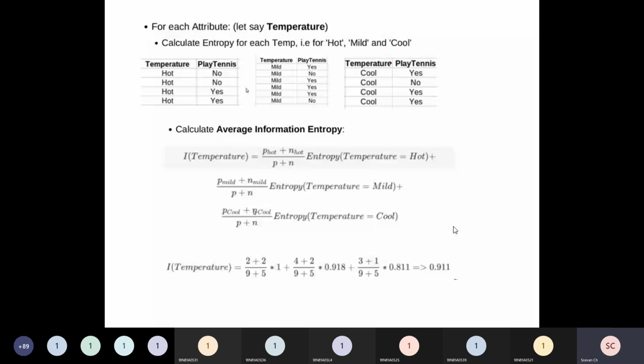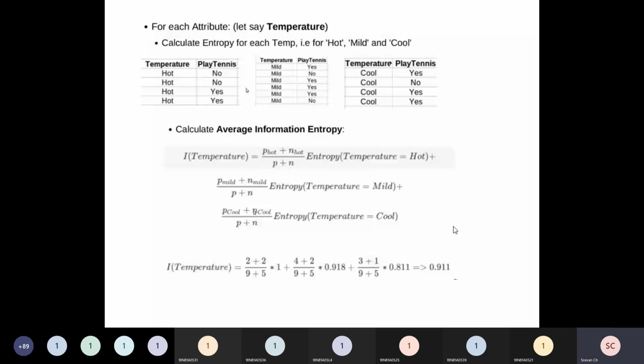One time it was yes, second, third one yes, 1, 2, 3, 4 times it is yes. Positive examples are 4, negative examples are 2. And similarly for cool, 4 times cool came, and if you observe 3 times it is positive example, once it is negative example. Now for all these three subsets, I need to find the entropy.